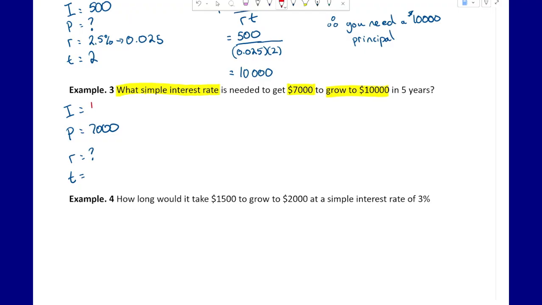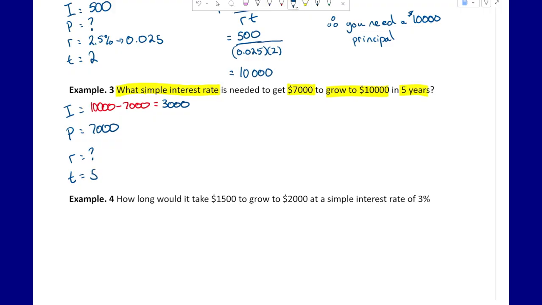To find the interest, I do 10,000 minus the initial amount, which equals 3,000. So I want to figure out what rate I need to get $3,000 in interest. And the last part is 5 years.